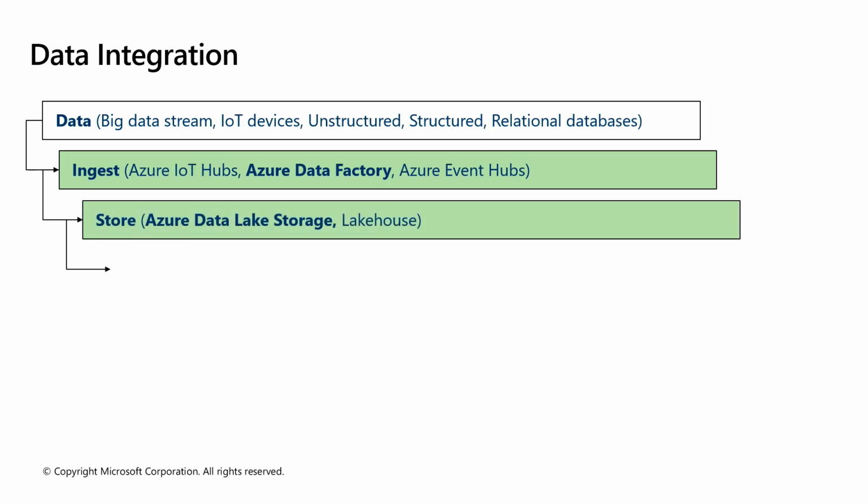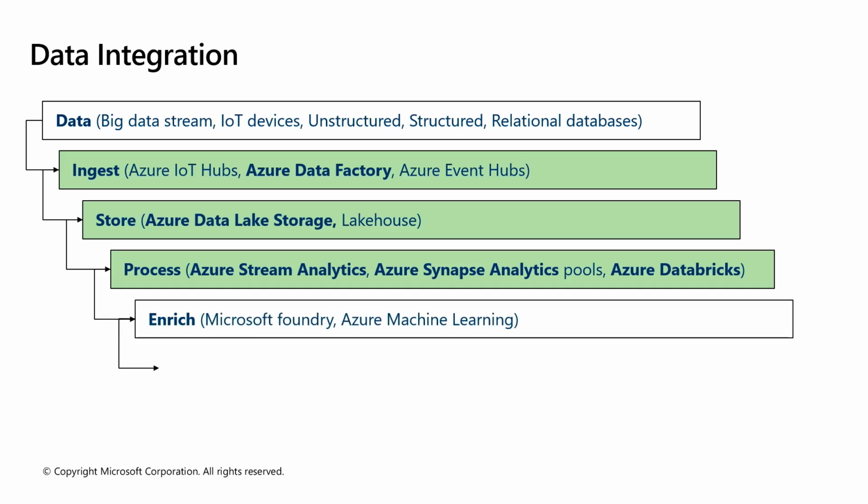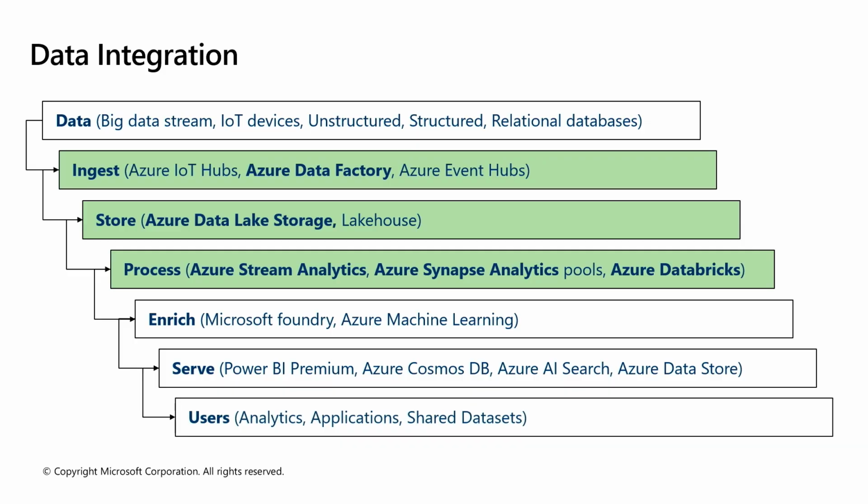We need an analytical data storage like Azure Data Lake. After that, we can process with Azure Synapse Analytics Pool or Azure Databricks, or even in real time with Azure Stream Analytics. Next, we enrich with Microsoft Foundry, for example. Finally, we serve with Power BI, for instance, so users can consume it through dashboards or applications.